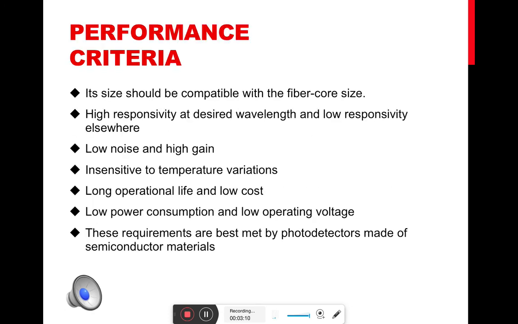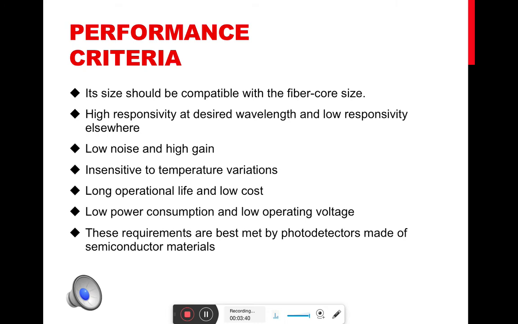So when a communication engineer is designing a system, there are certain criteria he'll follow when selecting the optical receiver. First, the size of the optical receiver should be compatible with the fiber core size, because we'll be giving the fiber as an input to an optical receiver. So the fiber core and the receiver dimension should be compatible.